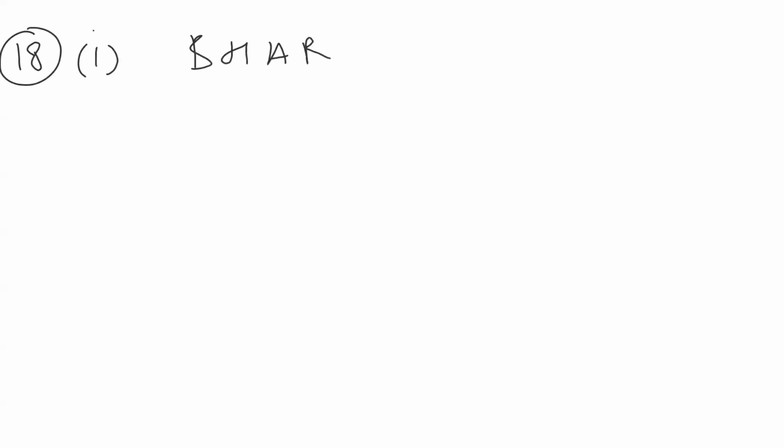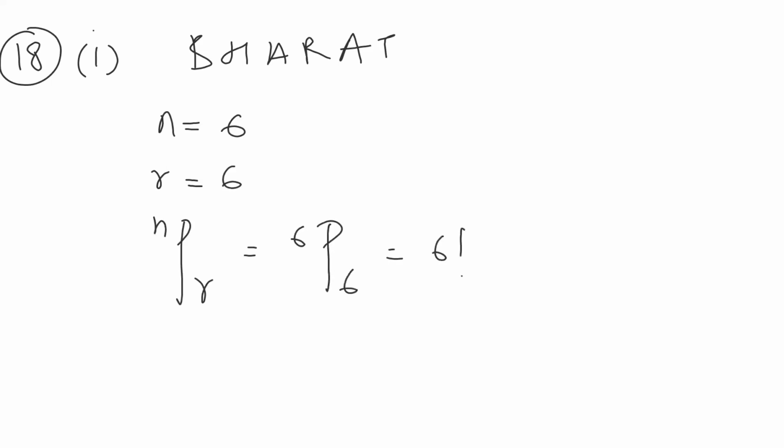So N is equal to 6 objects, R is equal to 6 places, nPr, 6P6, 6 factorial. So this is the basic part of the problem. 6 objects and 6 places, the arrangement is 6 factorial.